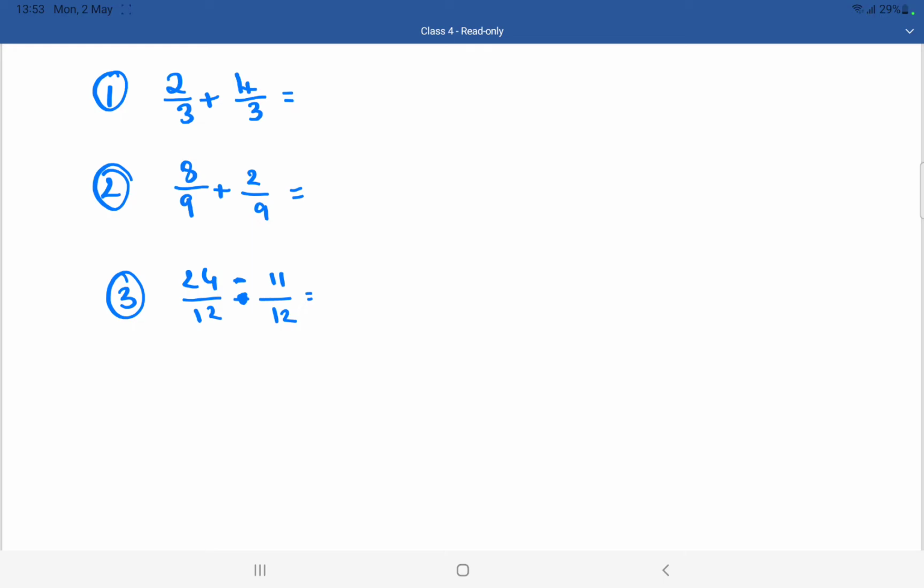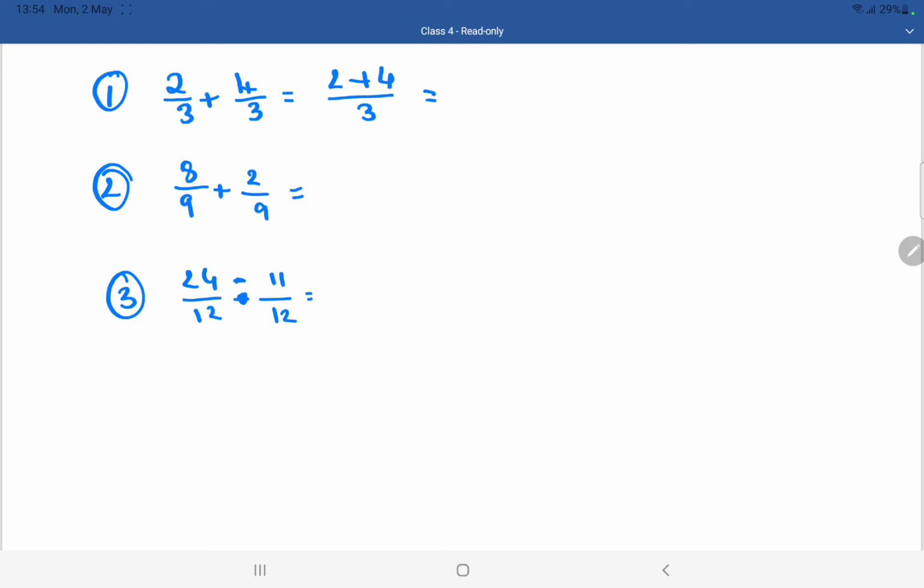Okay, so the first question: 2 by 3 plus 4 by 3 is how much? When you get the addition or subtraction of like fractions, you should simply add the numerators and put the same denominator.